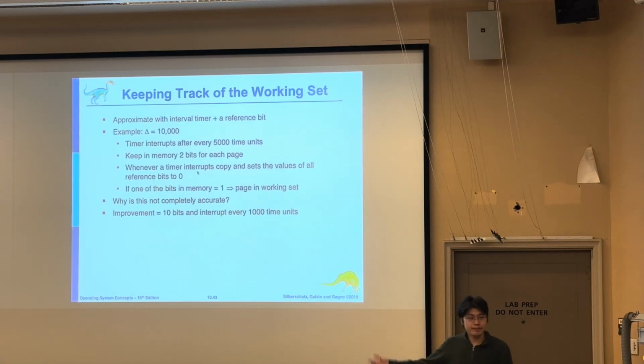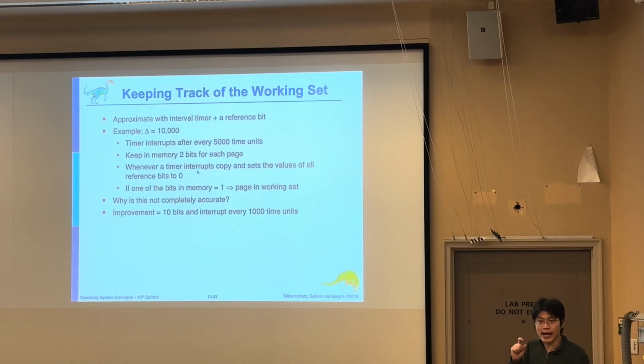But here, people studied a more accurate way to estimate this. They try to estimate the current size of the working set of all the processes in the computer, and then compare this size against the amount of memory you have. This gives you a more accurate way to predict whether you are thrashing or not.